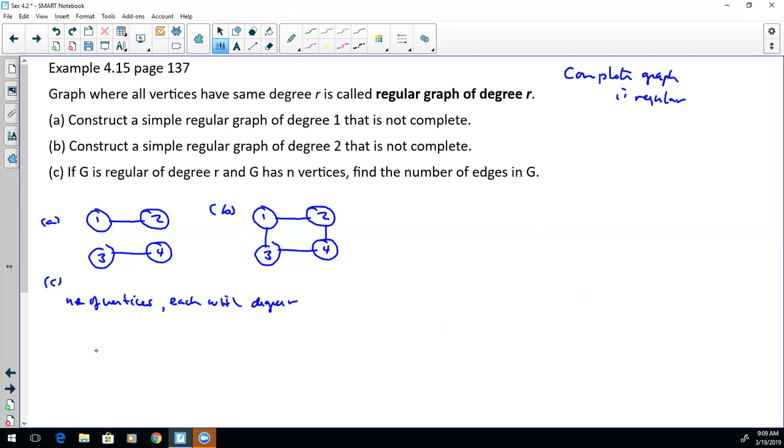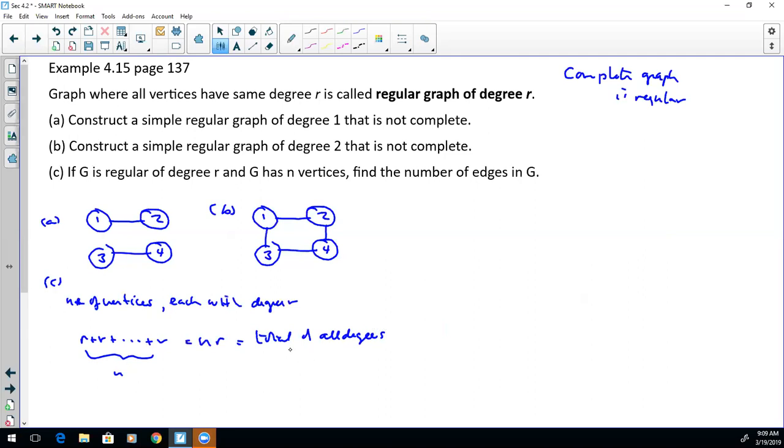So what happens when you add all of these up? You take r plus dot dot dot plus r of them, n times r, and this is the total of all degrees.